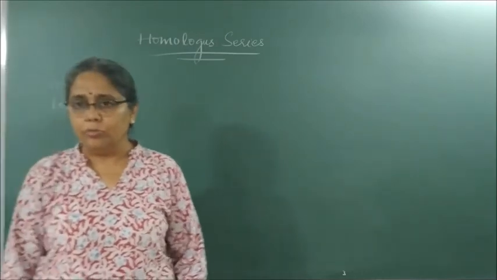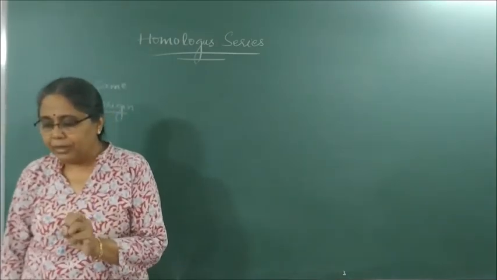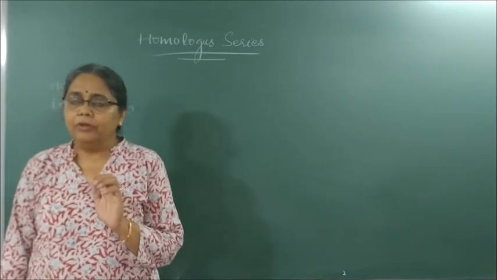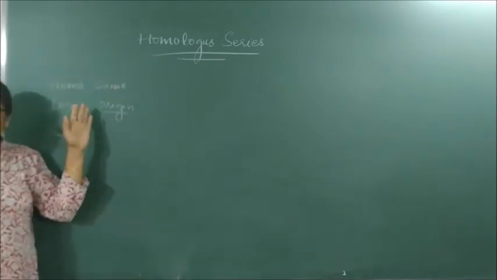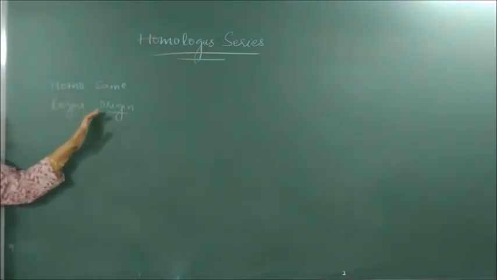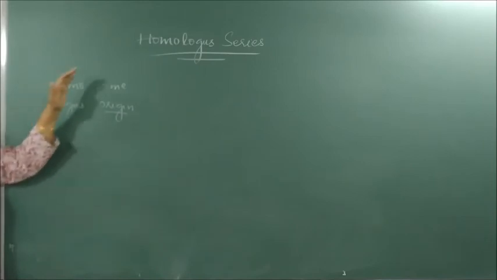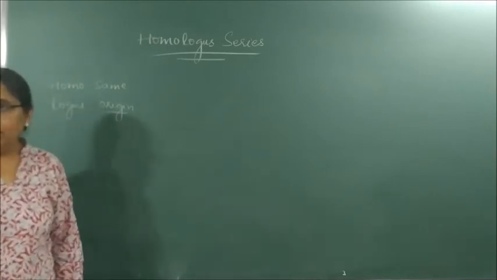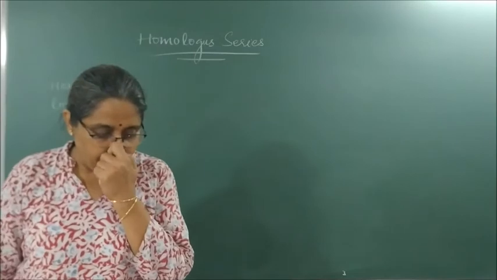Fine. So what is homologous series? The series of organic compounds which have nearly the same origin or the same chemical properties are all placed together in a group, and it is called a homologous series.